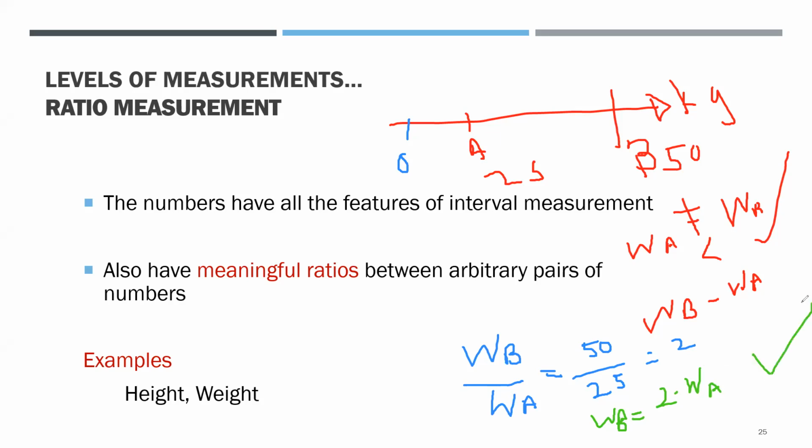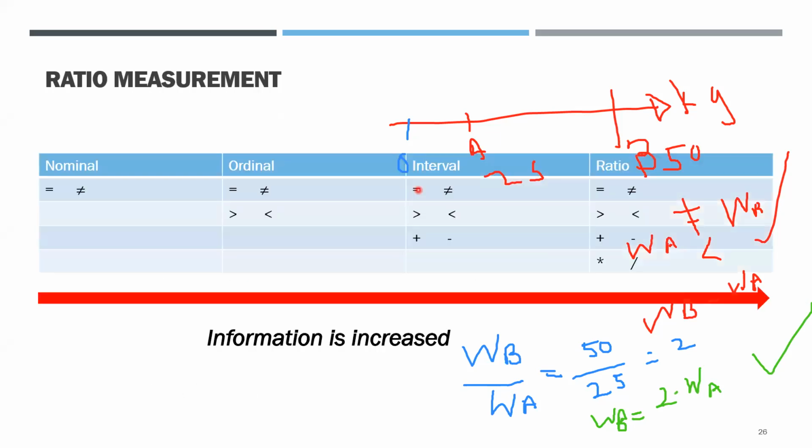Likewise, you can calculate the meaningful ratios, right, when we are considering this kind of ratio scale measurements. Okay, so as a summary here, you can see you can do all these operators when it is in ratio scale.